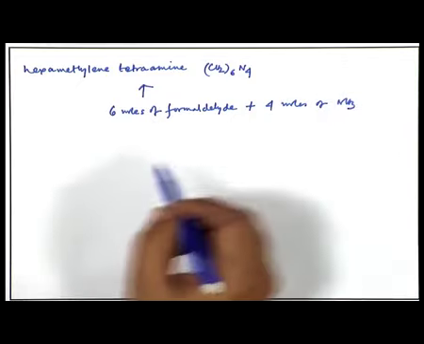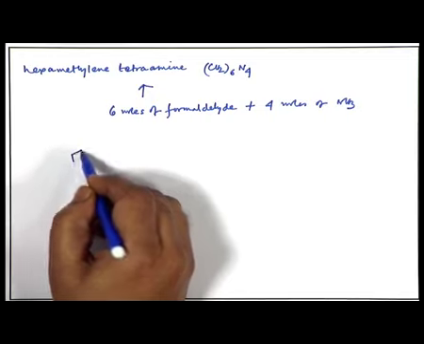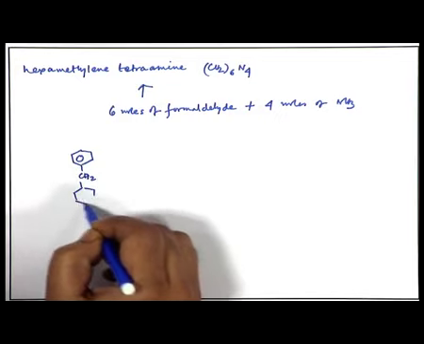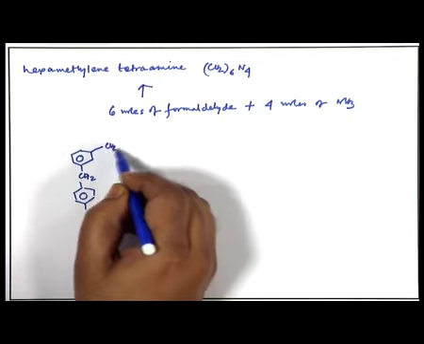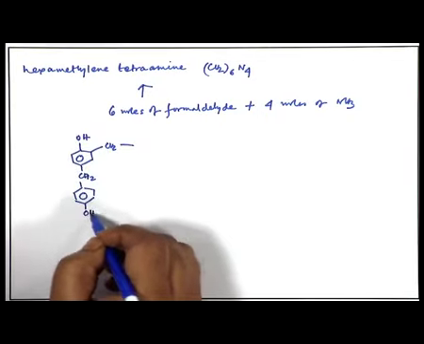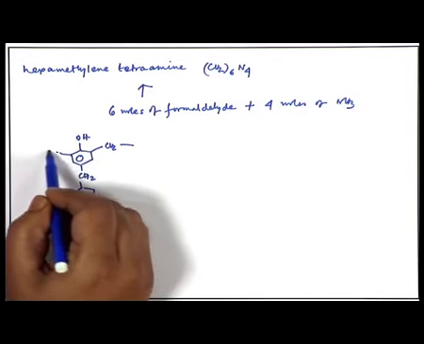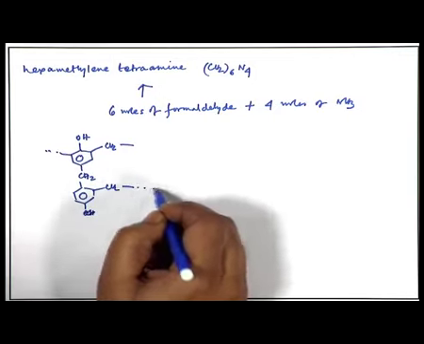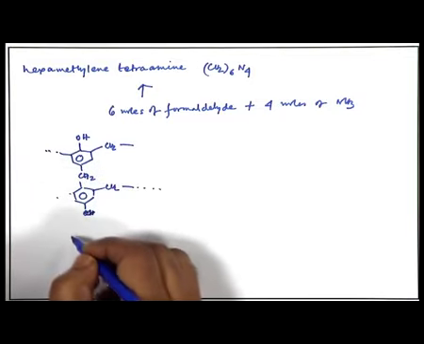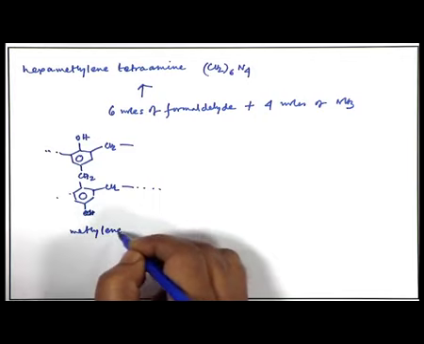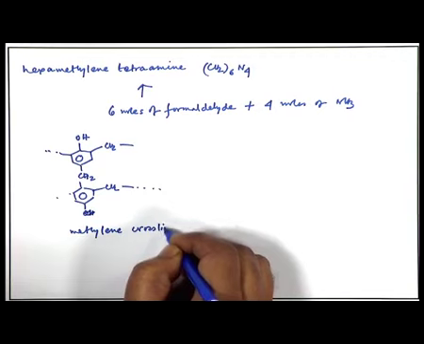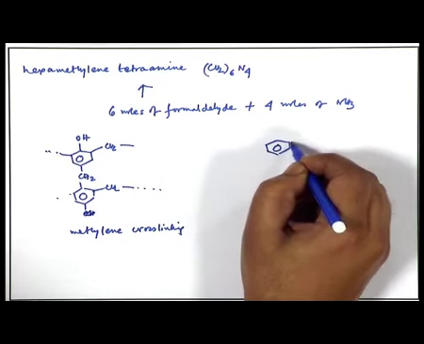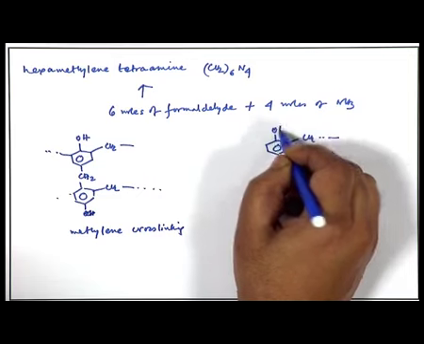Now, in this case, in addition to the cross linking linkages which I showed in the last example, the methylene cross linking, you can also have other cross linking, like the one I am writing now.